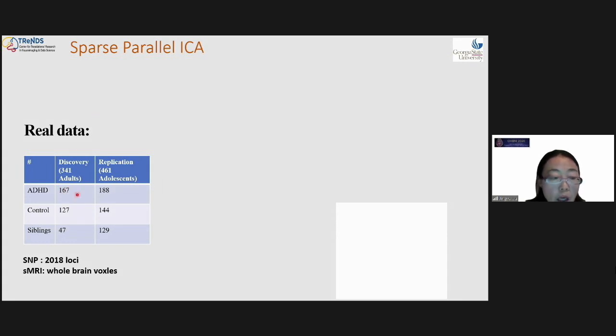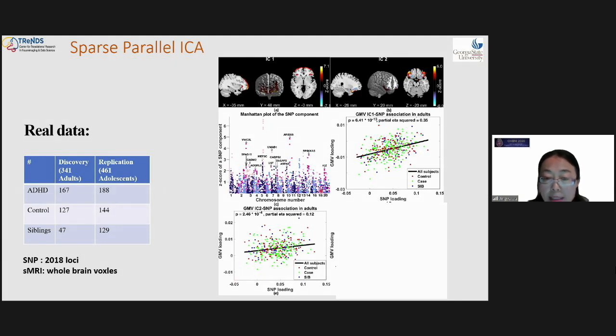We applied sparse parallel ICA to real data on an ADHD cohort. In this study, we have 341 adults as discovery and 461 adolescents as replication. We selected 2018 loci based on the ADHD GWAS results, and applied the sparse parallel ICA to whole brain voxels. In the discovery data, we identified one SNP component whose highest peak region is in the chromosome 5 long non-coding RNA region, interacting with several genes.